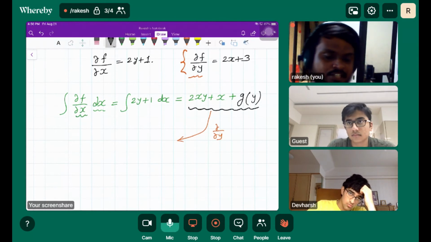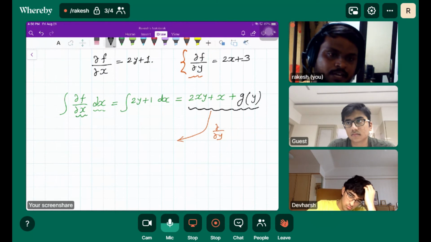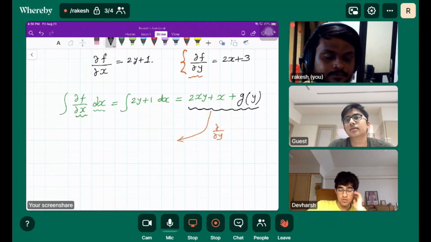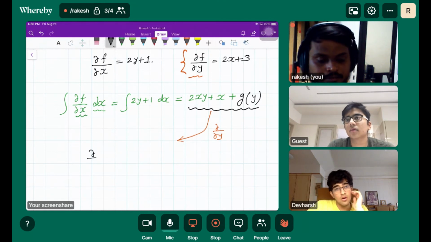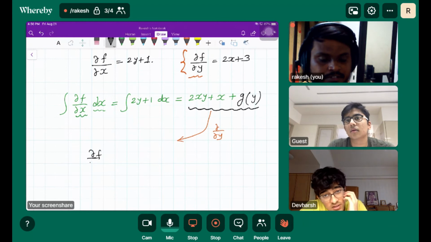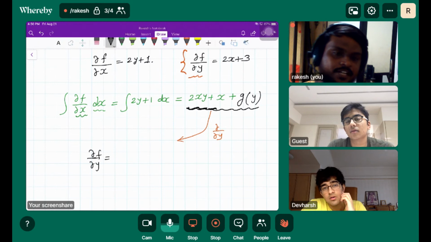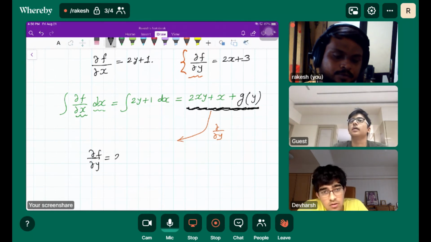If we find the partial derivative of this function with respect to y, what do we get? We have to differentiate this with respect to y: 2x plus g dash y.